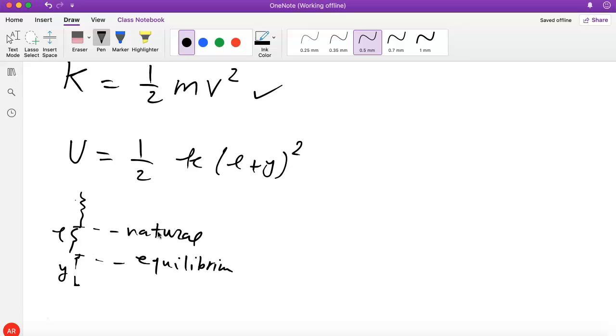Now if we set, let's say, the origin for our gravitational potential energy here at the equilibrium point, this mass has come down by a length y. So its gravitational potential energy has come down by mgy. So that's gravitational.